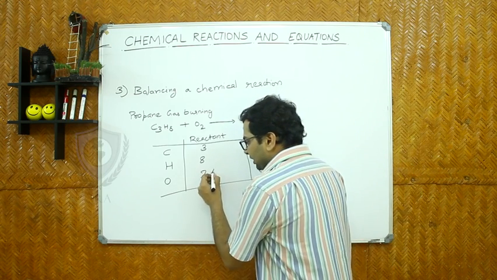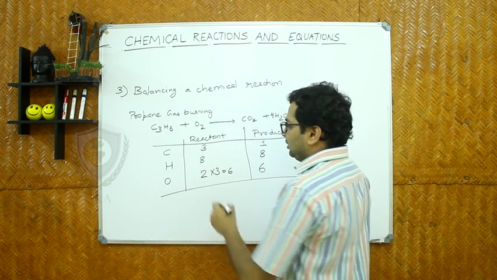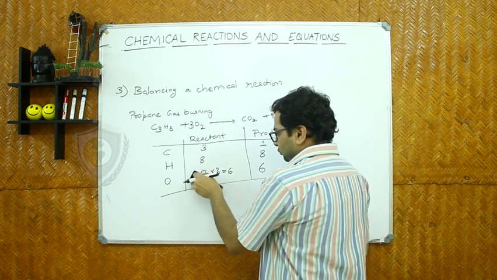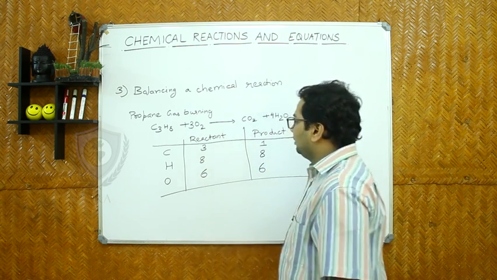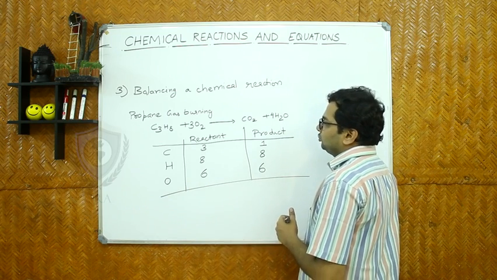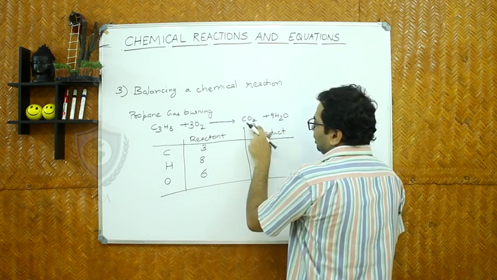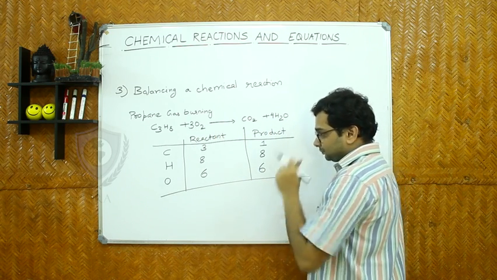So you need to multiply this 2 into 3 to make it 6, right? So let's put it like this. So here you have 3O2, which makes it 6. Now let's see what other changes it brings to the equation. So you have 3O2 here, which makes it 6. You have O2 plus 4O2, which is again 6.